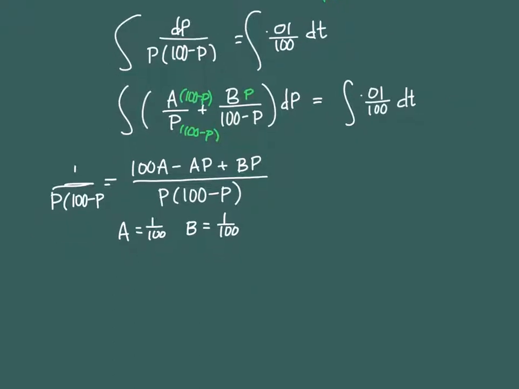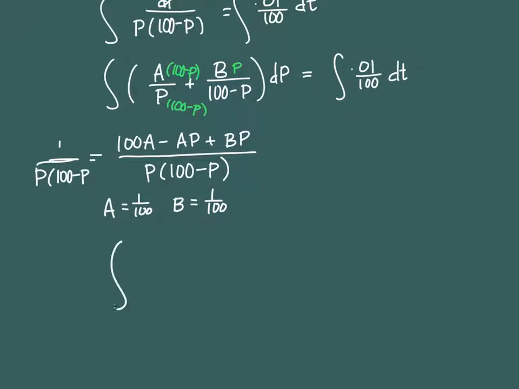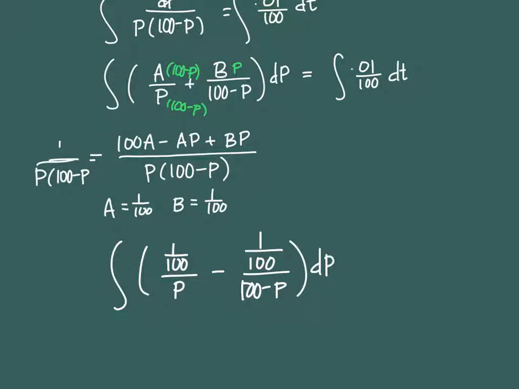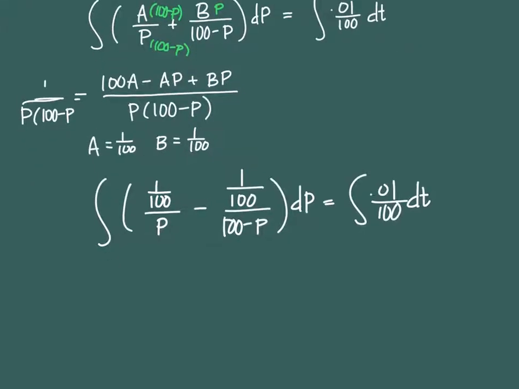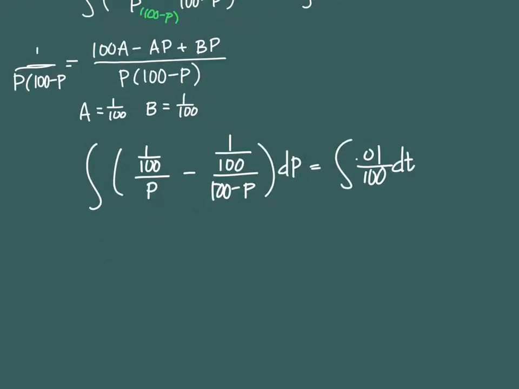All right, so my integral is now 1 over 100 over P minus 1 over 100 over 100 minus P, still equal to 0.01 over 100 dt. I think I would like to pull 1/100th out to the front.